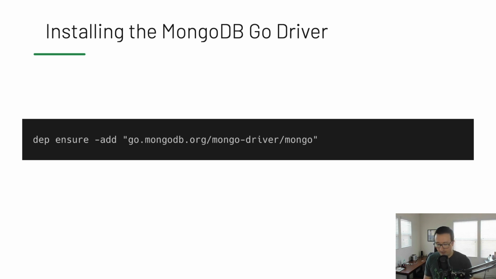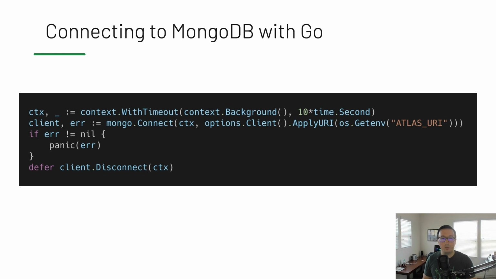Once it's added, then we can connect to our instance. So for example, we define a timeout, we say mongo.Connect, and we provide the context with that timeout, and we also provide any options, which in this case is the URL to Atlas. In this example, I'm saying os.Getenv, which would be an environment variable on my machine or up in the cloud.